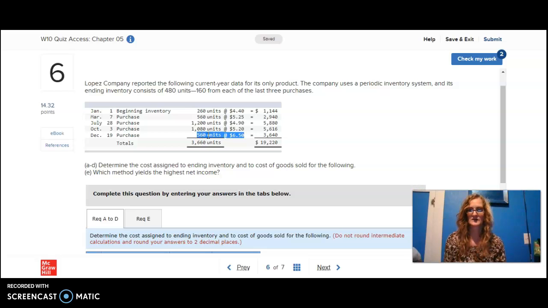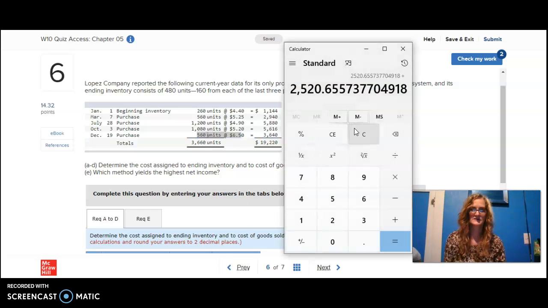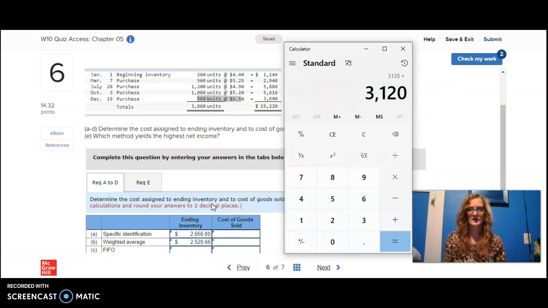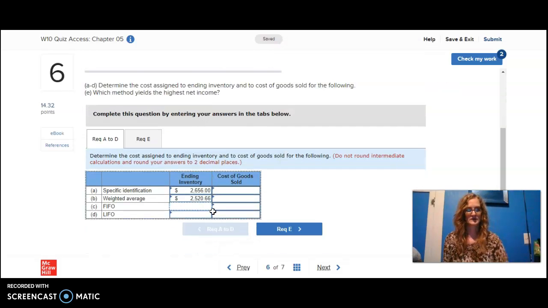Since there are enough units in here, I don't need to take any out of the above purchase. I just need to take them all out of this one at a price of $6.50. So I multiply 480 times $6.50, and that gives me a total of 3,120 left in inventory.